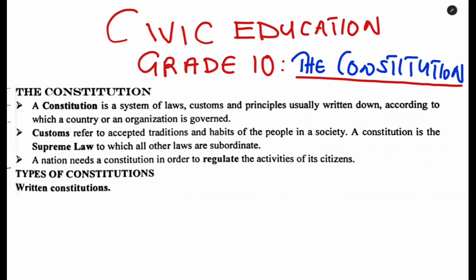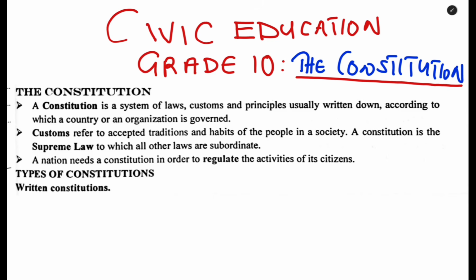So basically, that is what we are going to look at by the end of this lesson. You should be able to follow through those steps and make sure that at all points the objective is achieved. So let us start, and the first part that we need to know is what the Constitution is.